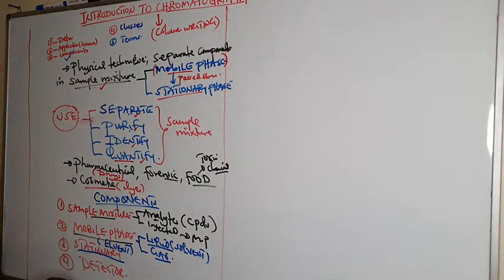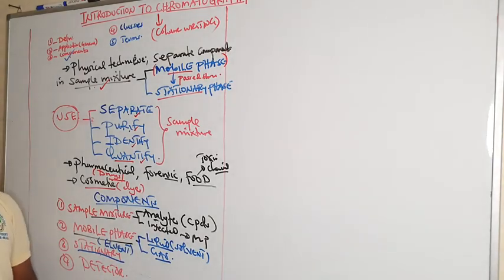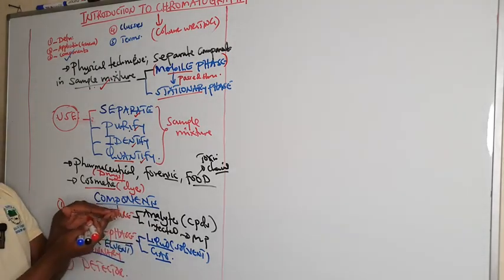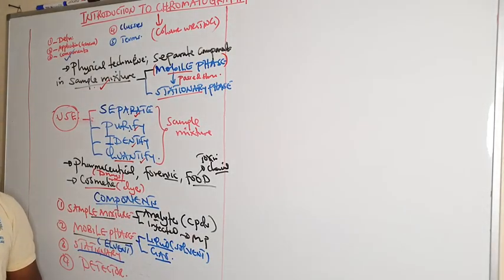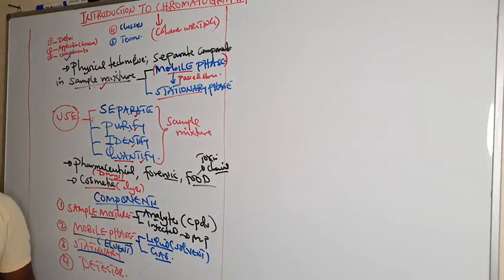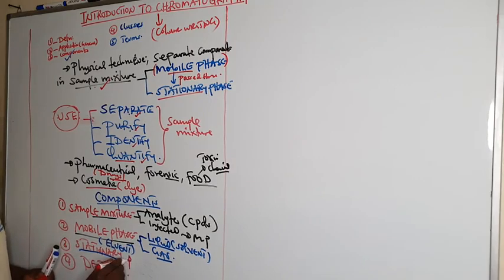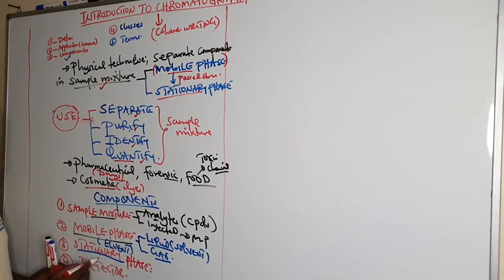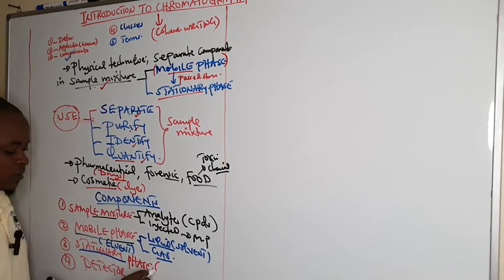And this mobile phase can be either liquid or a gas. And we shall also see classification depending on the physical nature of the mobile phase, which can either be liquid chromatography or gas chromatography. Then when we go to the stationary phase, which is the 3rd component, here the word stationary means static.